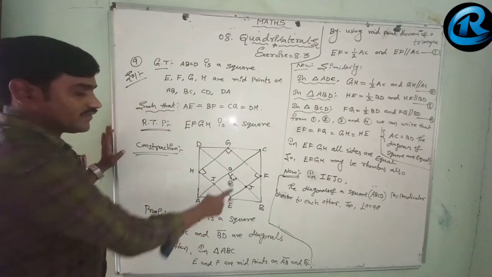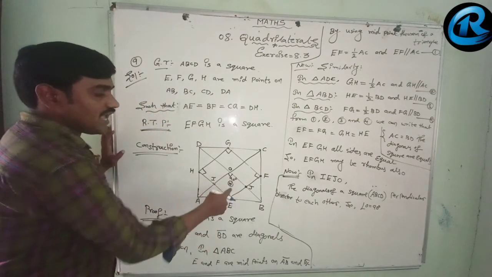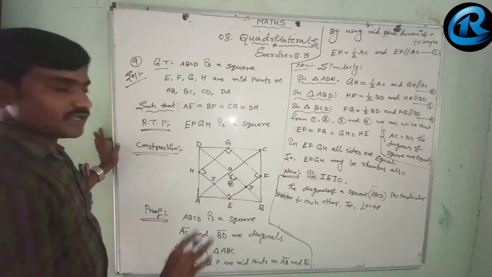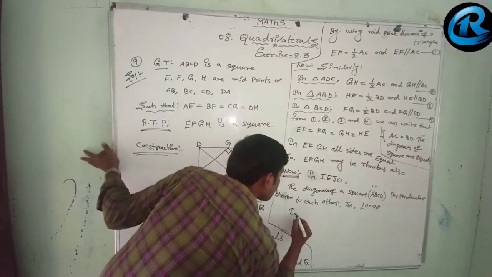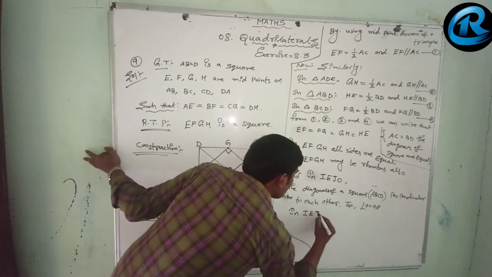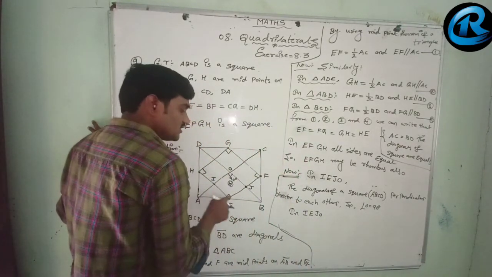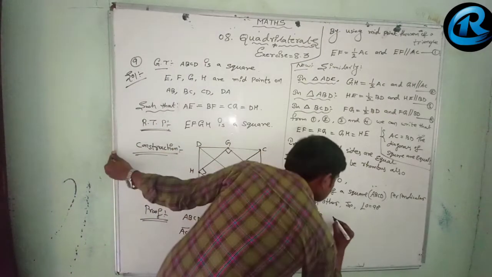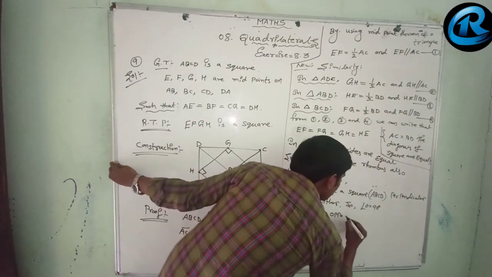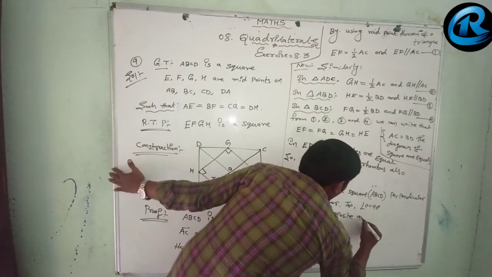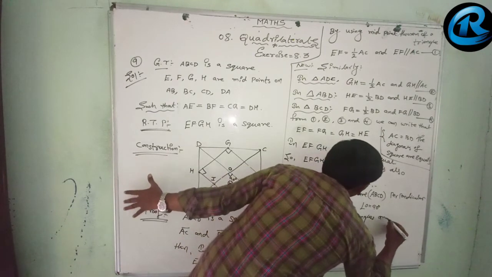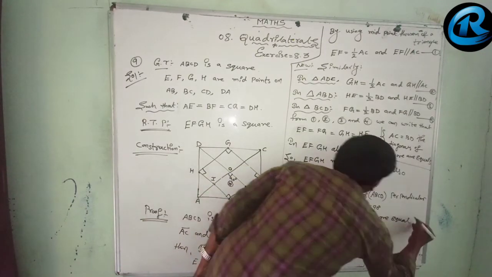So if it is 90 degrees, opposite angles will be equal. In IEJO, if IEJO is a rhombus or whatever, in this opposite angles are equal. Opposite angles are equal in IEJO.